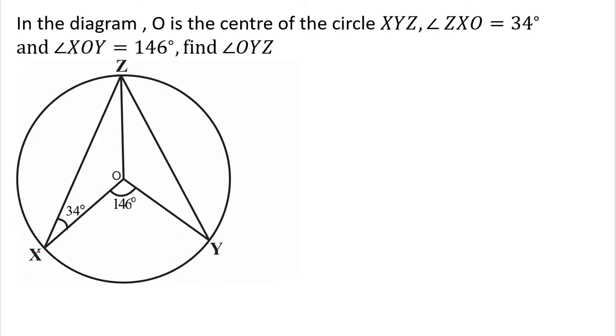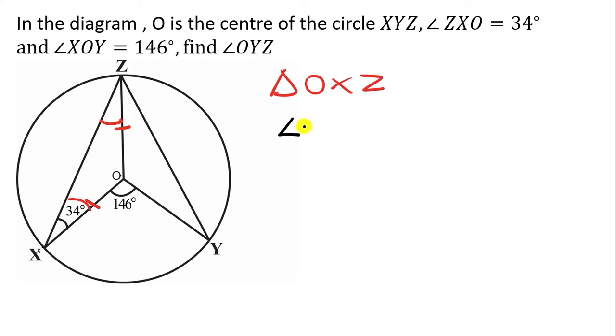If you look at the diagram there, from O to X is the same as from O to Z. And if you consider that particular triangle there, that is triangle OXZ, this is an isosceles triangle because from O to Z is the same as from O to X. So if this side is 34 degrees, then this side too is going to be 34 degrees.